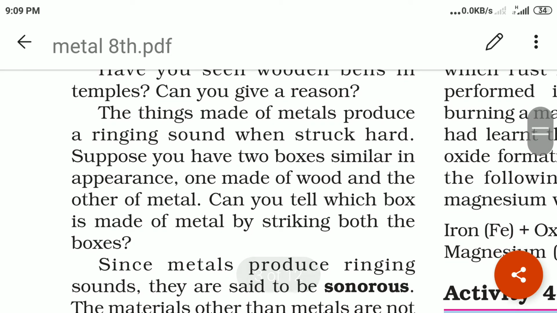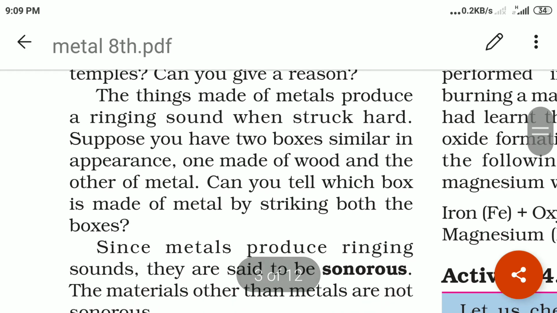Do you know the reason behind it? Things made of metal produce a ringing sound when struck hard. When we throw any metal on the floor, it creates a sound.